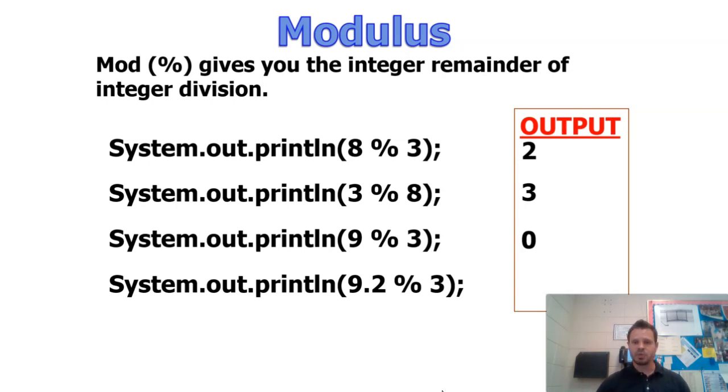And then the last case, we usually won't worry about mod with doubles, but if I go 9.2 mod 3, what do I end up with? Well, it's that remainder, it's that 0.2. That's kind of the leftover after I do division. So again, we'll see a lot of practical applications where we want to use this modulus. We'll say mod gives the integer remainder of integer division.